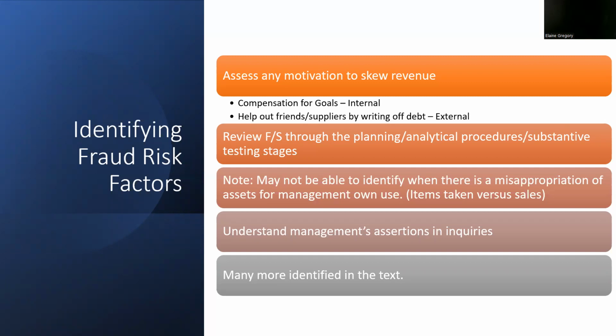Is there pressure or motivation to skew those revenue numbers? Compensation for goals. Bonuses if you meet certain percentages of revenue. That's an internal issue. That could motivate somebody to do some fraudulent financial statement changes in order to achieve that level.